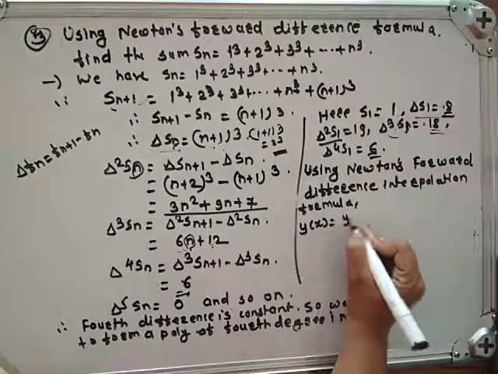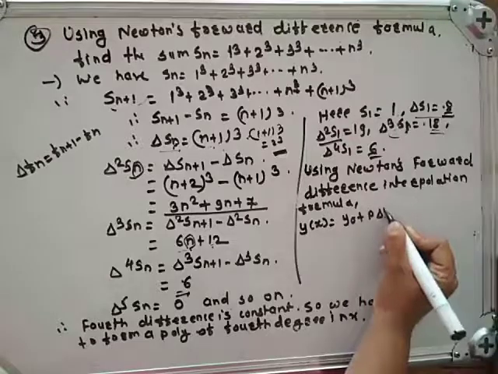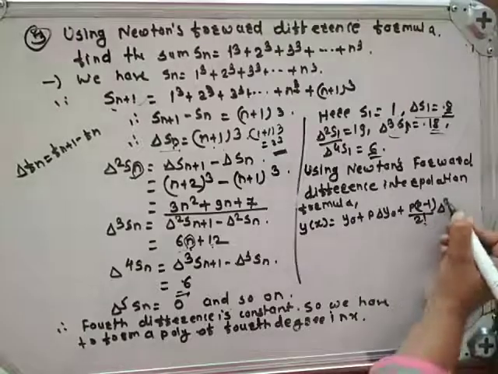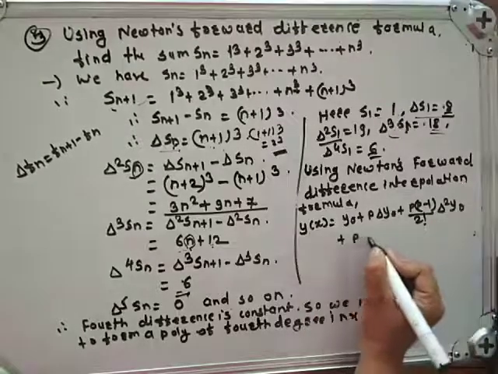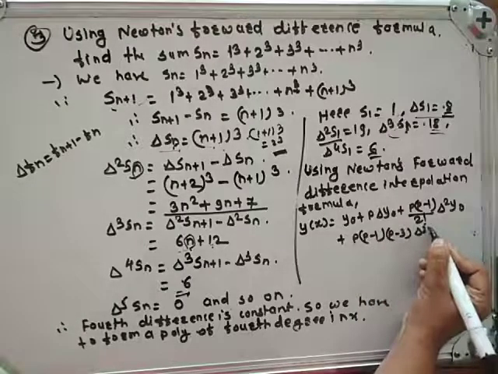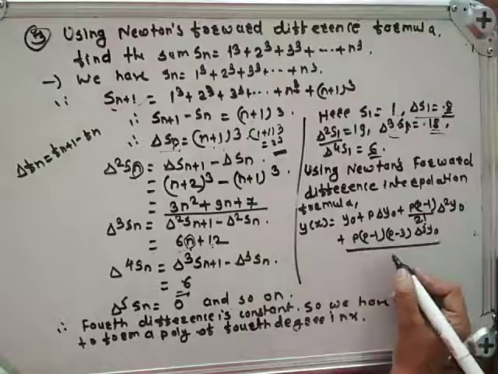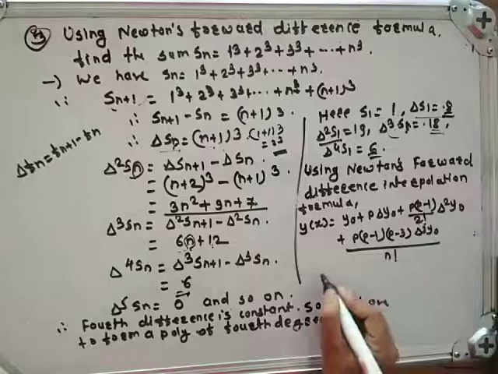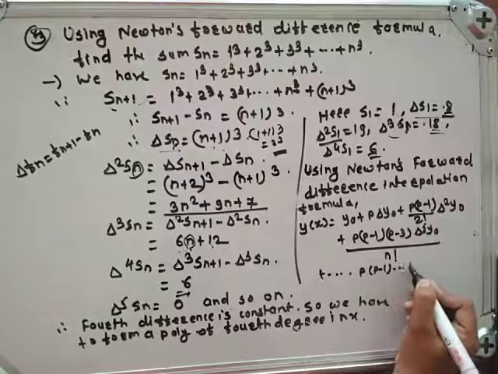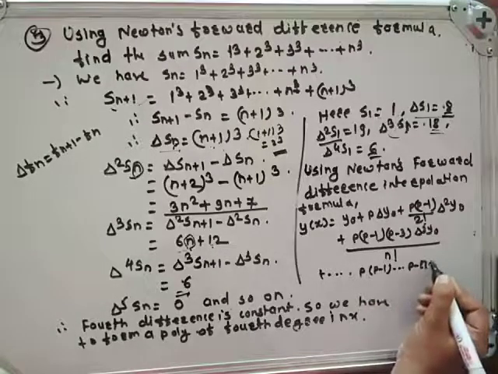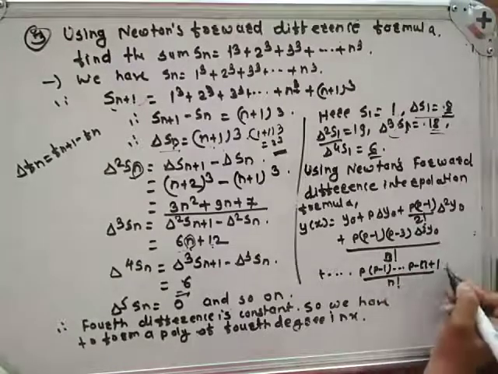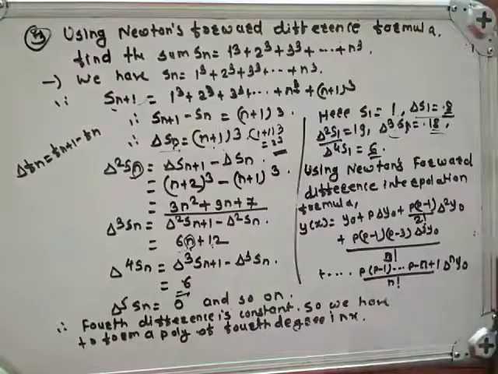The formula is y of x equals y0 plus p into delta y0 plus p(p minus 1) upon 2 factorial delta square y0 plus p(p minus 1)(p minus 2) upon 3 factorial delta cube y0, and so on up to p(p minus 1) and so on up to (p minus n plus 1) upon n factorial delta raised to n of y0.